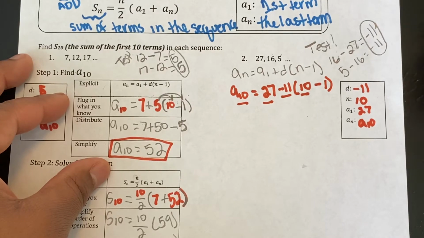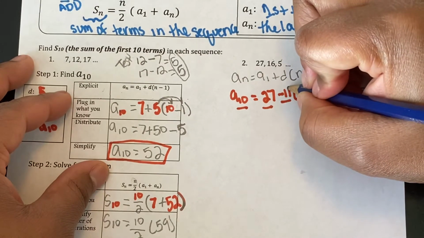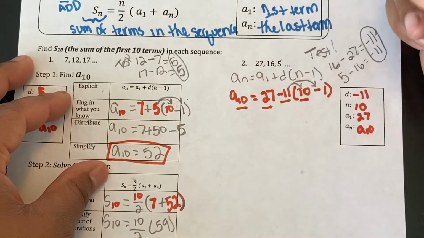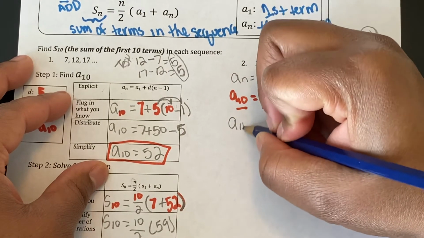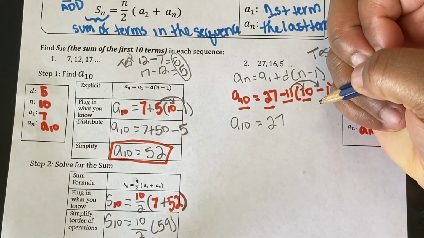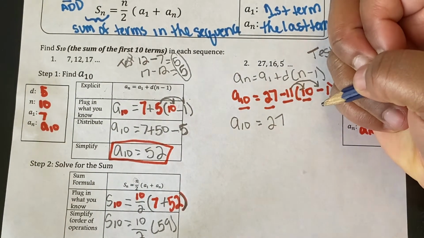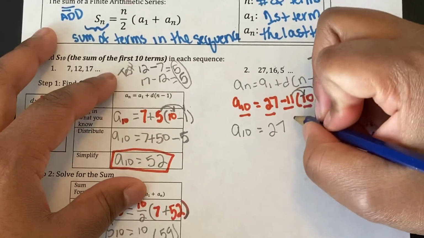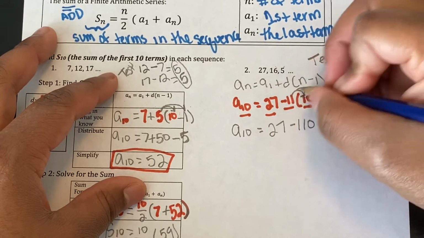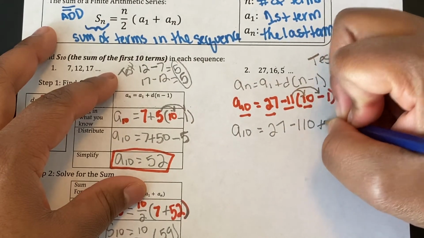Now let's distribute and solve. Negative 11 times 10 and then negative 11 times negative 1. So a sub 10 equals 27, negative 11 times 10 is negative 110, and negative 11 times negative 1 is positive 11.